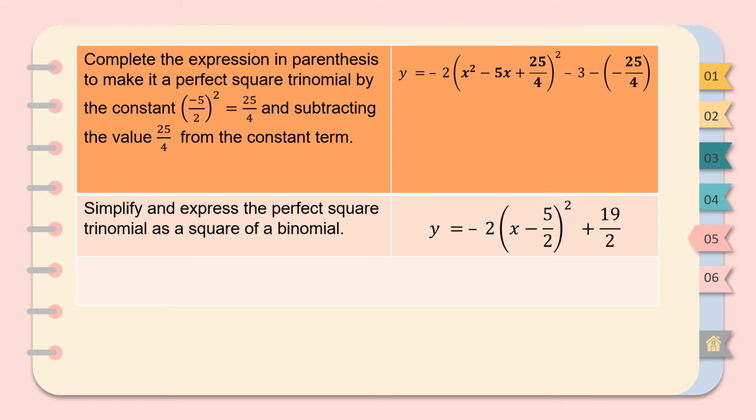Paano po siya magiging 19 all over 2? So, from this part, ito po, kukunin po natin yung negative 2.